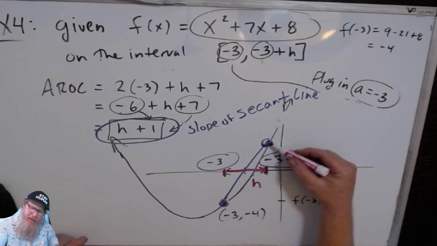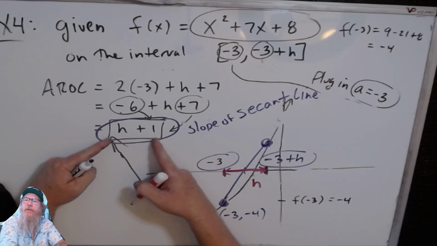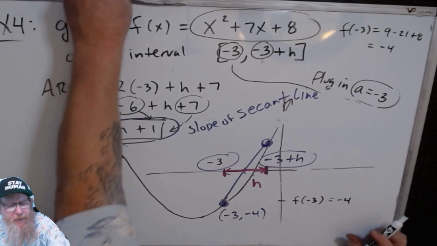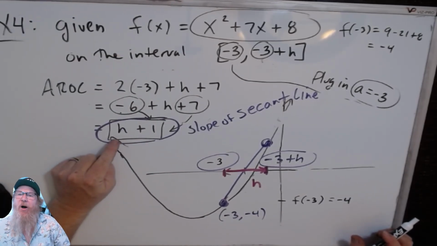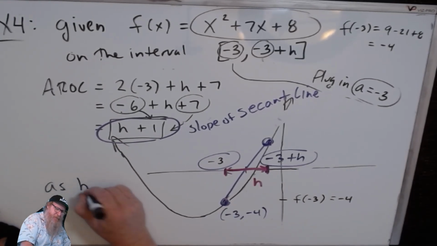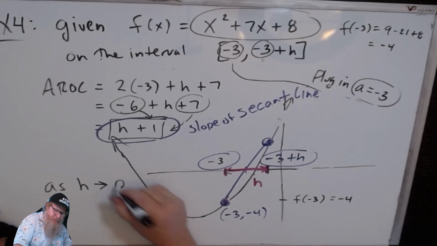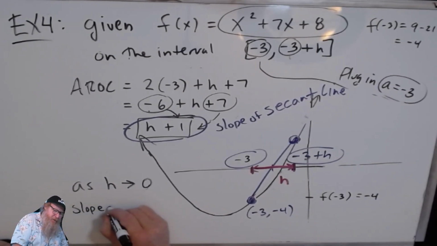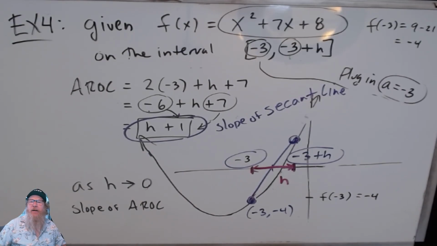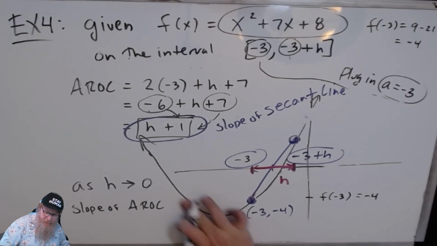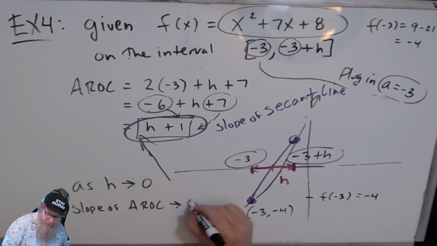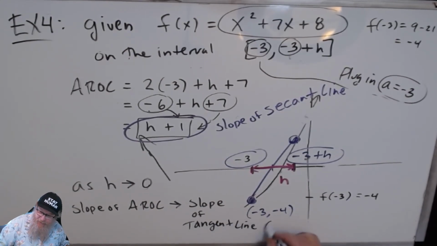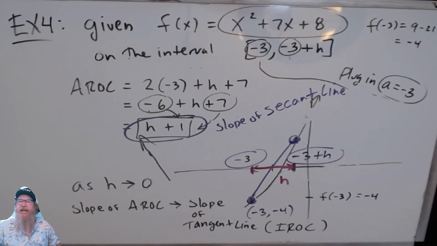So the slope of this line is h plus 1. So if h is very small, as h gets very, very small, it approaches 0, the slope of the AROC becomes closer and closer to the slope of the tangent line, which we call the instantaneous rate of change.